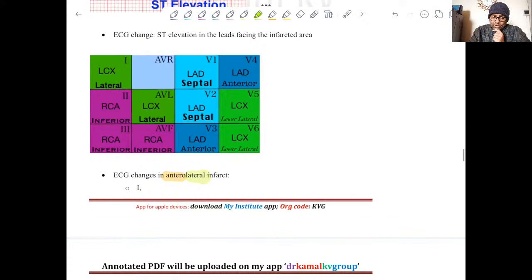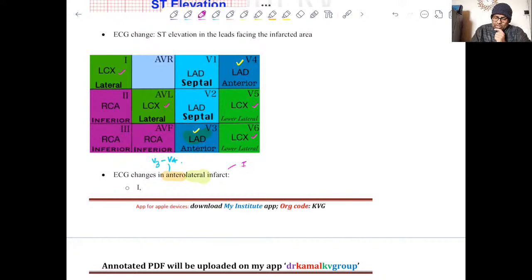So here what you need to do, firstly you need to see where the anterior leads will show you ST segment elevation, that is V3 and V4. So for anterior you need to check V3 and V4, and for lateral you need to study lead 1 and then AVL, V5 and V6.